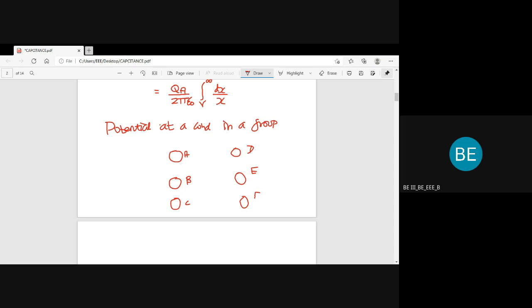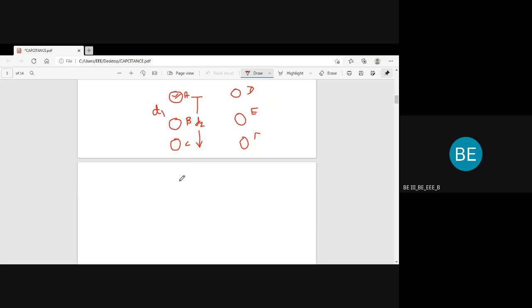I am considering the distance between conductor A and B as D1 and A to C as D2, and the remaining things remain the same. I am having the conductor's radius R. Right. So I am considering the conductor A.